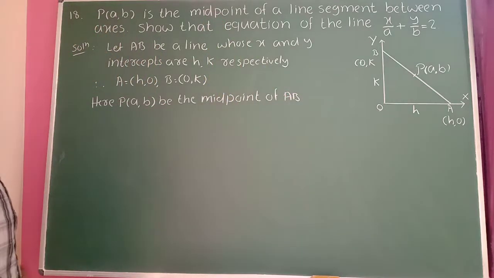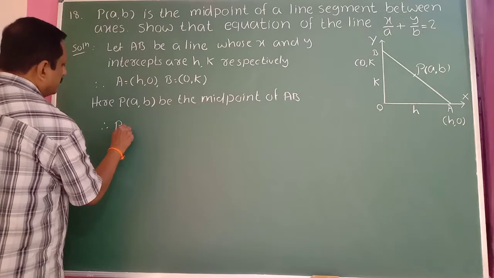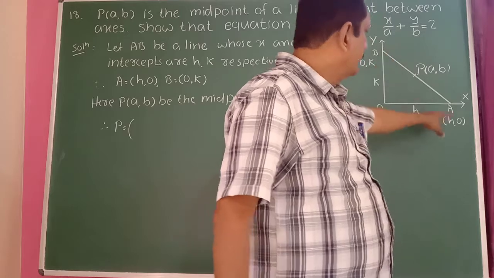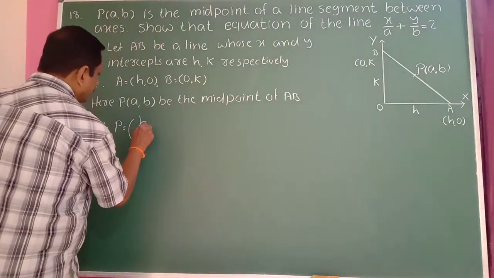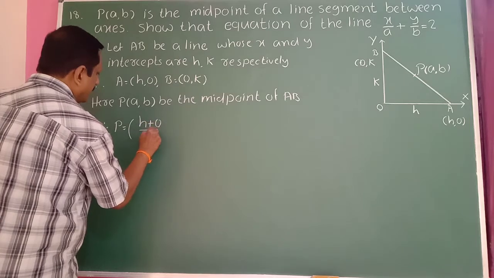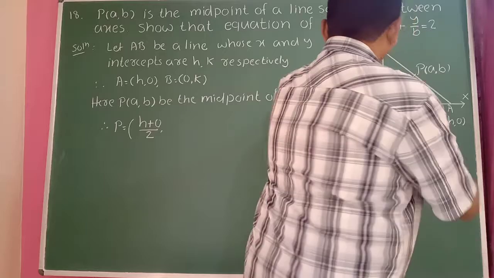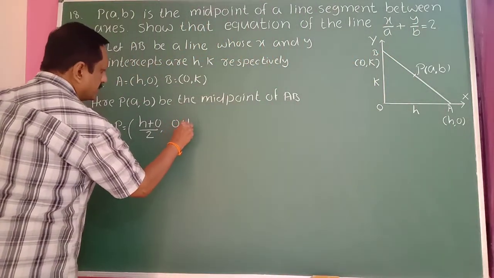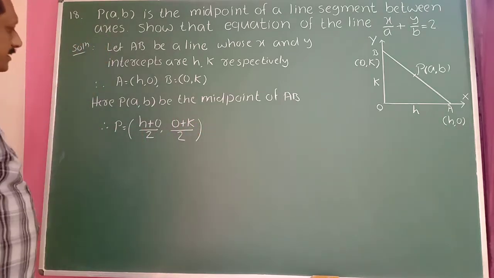P is the midpoint of AB. Therefore, here we are using the midpoint formula. P is equal to ((h + 0)/2, (0 + k)/2). You are using the midpoint formula.